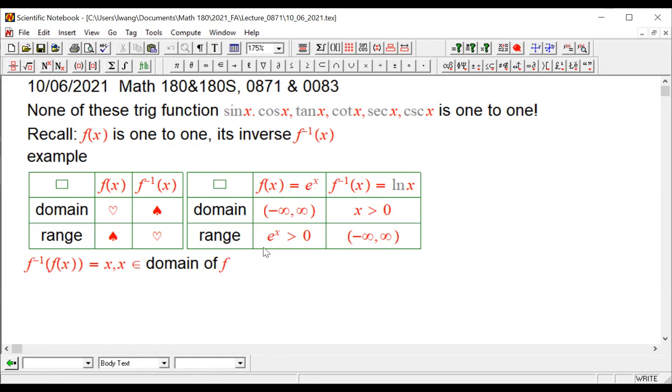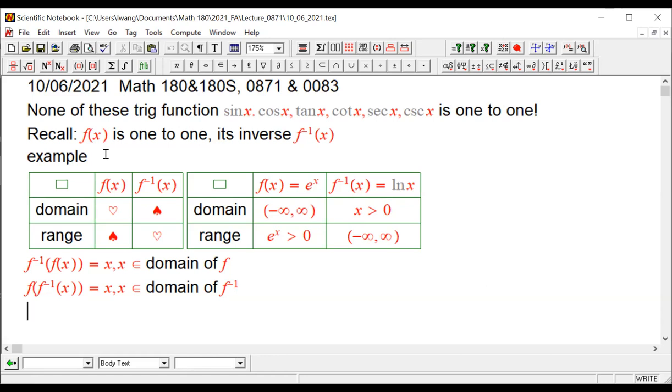And the other relationship is also going to be true. So f of f inverse of x is going to equal x, where this letter x, even though it's the same symbol, is actually in the domain of f inverse. This relationship is going to show up once again.